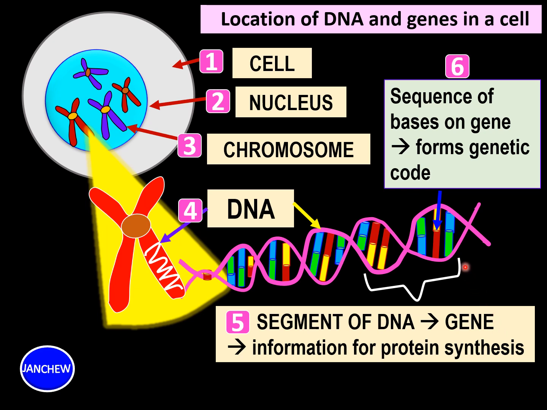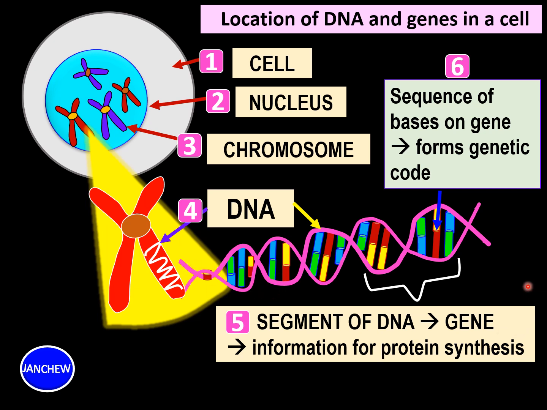Now, what is a gene? A gene is just a segment of DNA that has the information for the synthesis of a particular protein. So the genes are arranged linearly along the length of DNA. For example, here you may have one gene and then another gene further down and so forth along the strand of DNA.